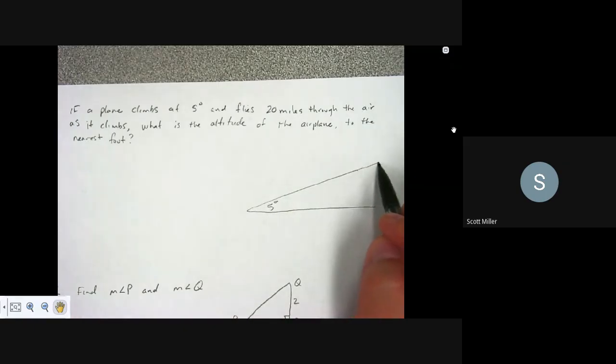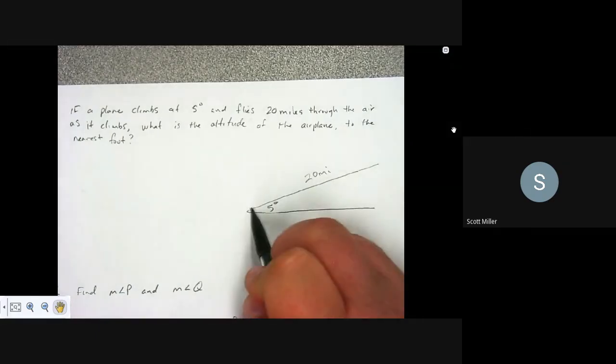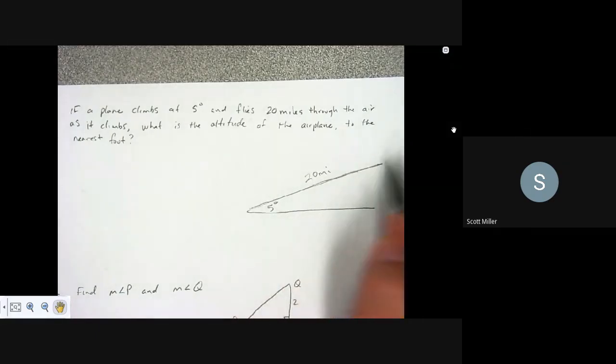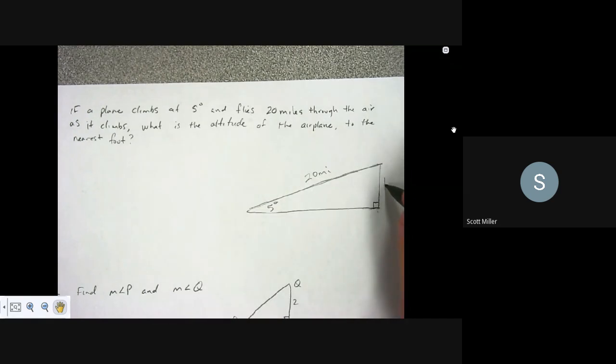And when it has traveled 20 miles in the air, so that's this length right here is 20 miles, I want to know how high it is. That's an altitude. Altitudes are always perpendicular to the ground. And since it's a height or altitude, we usually use the letter H for height.